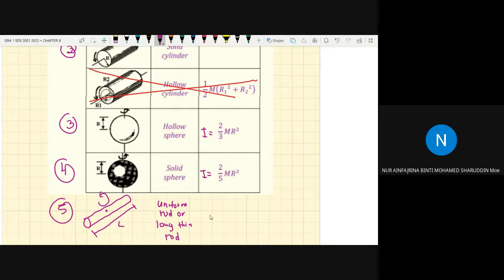So what is its moment of inertia formula? It is 1/12 mr squared. But remember, like Miss said, this is the formula. But if the question has given you its own formula, just use that one. Usually the question will give you the formula.